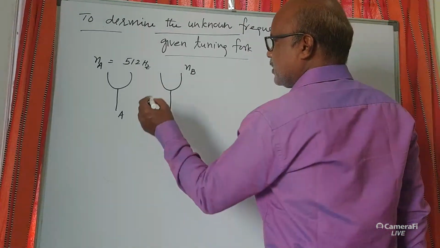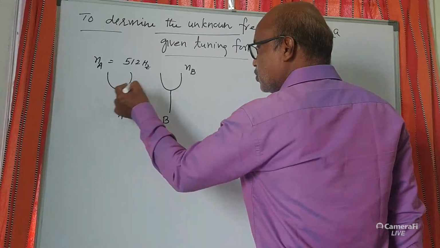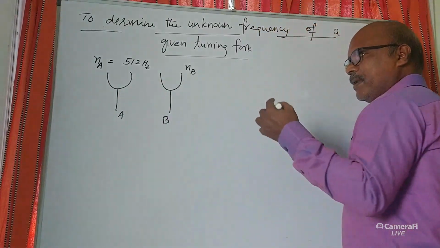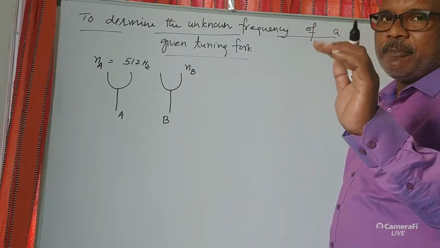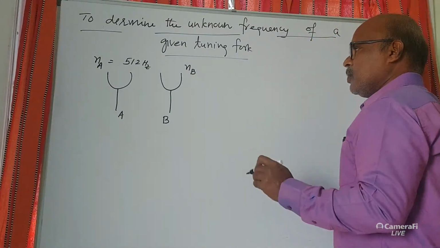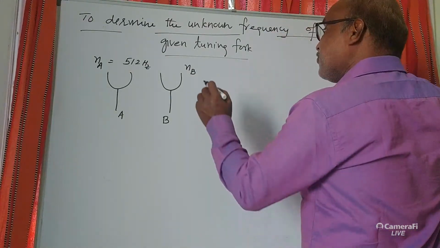The first problem is, first I will vibrate these 2 tuning forks. When they are vibrated and when they are placed side by side, say 4 number of beats are produced. So number of beats produced is 4.